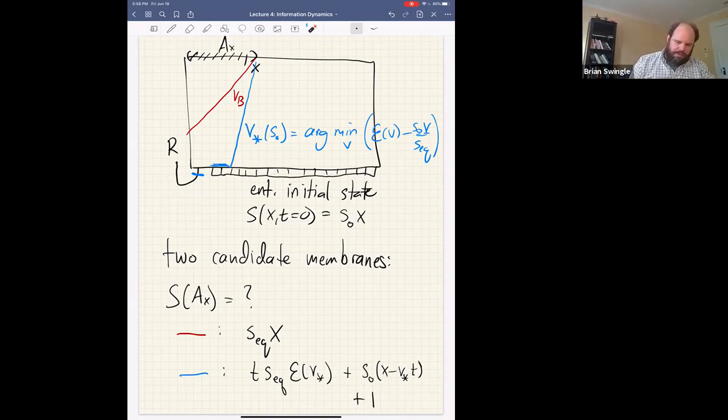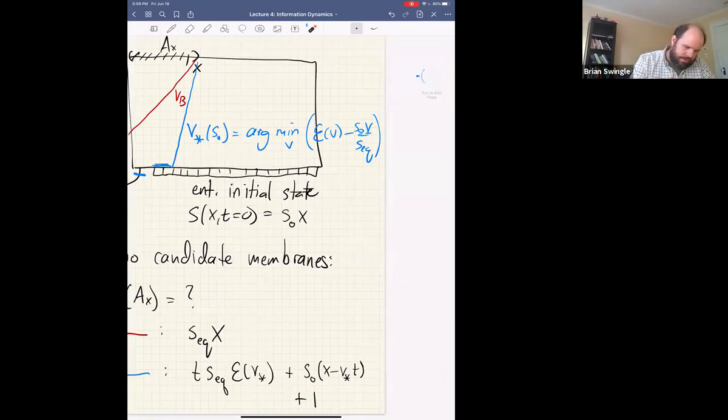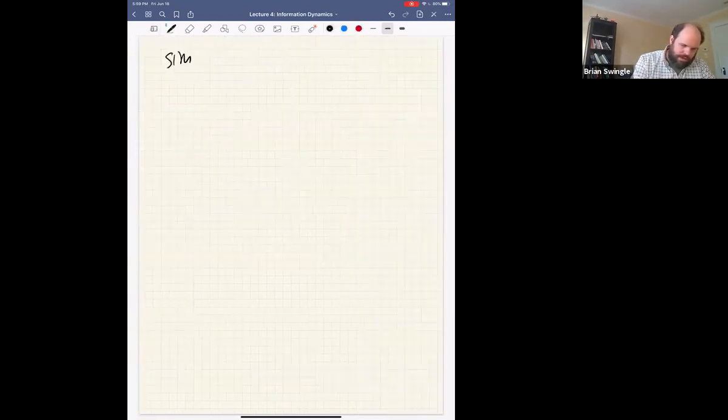And now you can repeat the calculation for AXR, and then the entropy for R itself is always just 1 in units of log Q or in units of log 2, depending on whether we're doing qubits or Q level systems or whatever. So we have a similar calculation for SAXR.